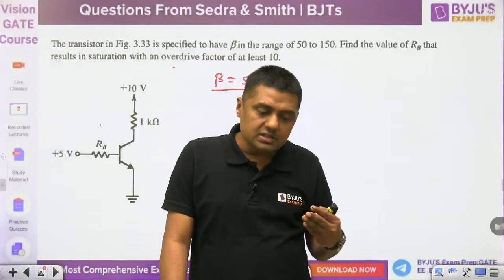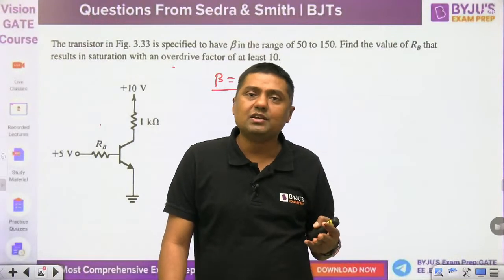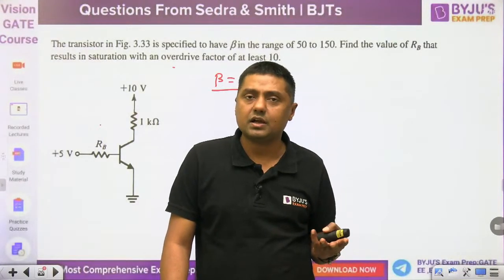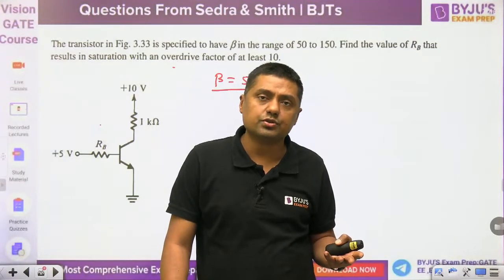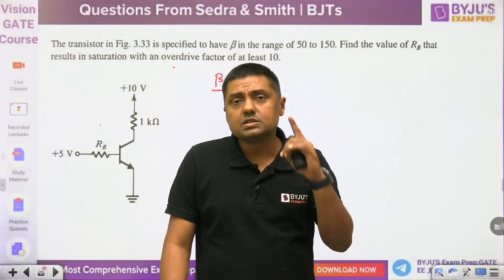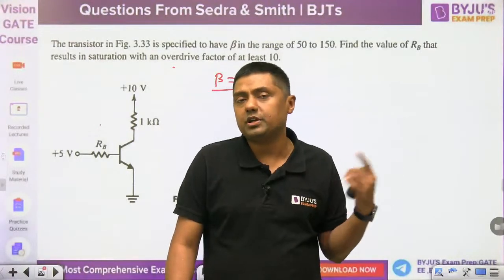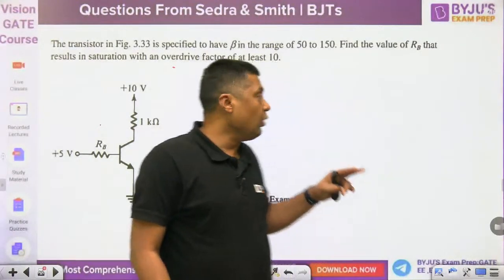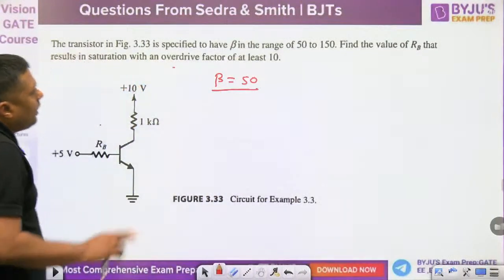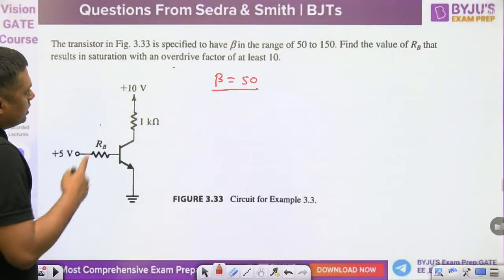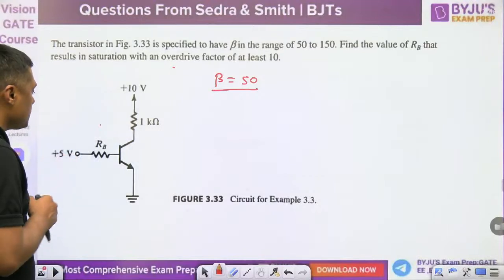Because when we increase the beta, IB will increase, IC will increase, and automatically the transistor will go into saturation. Means if it is in saturation for beta equal to 50, then it will be in saturation for beta equal to 150. So you have to choose the beta 50, the minimum value. I will explain this again with the next question.